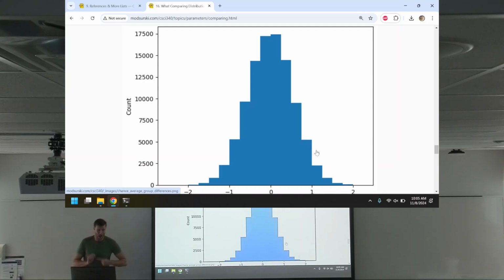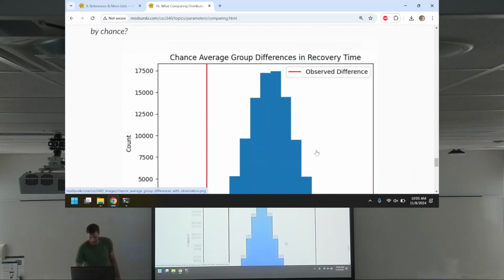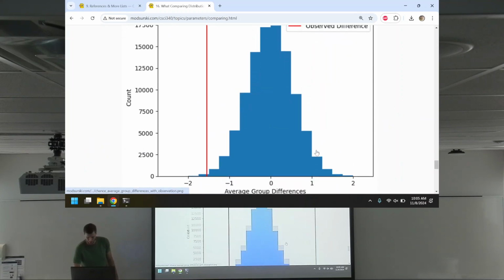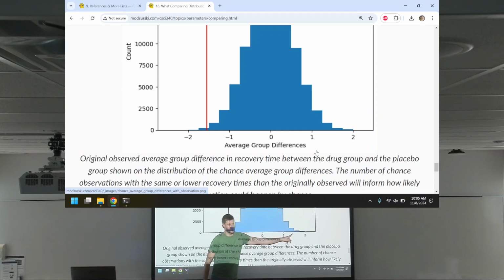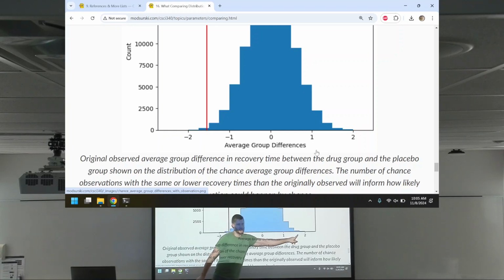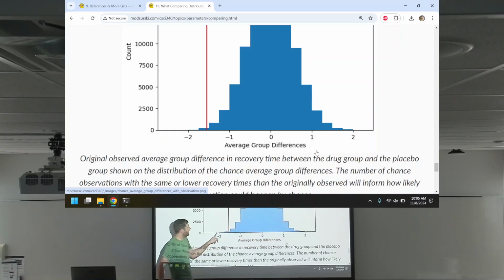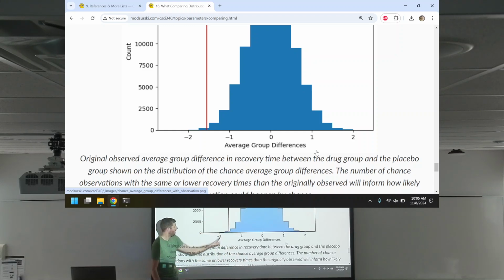But my original observation, the difference, was minus 1.6 days. So this is the dumb luck distribution. If it makes no difference, this is the distribution of the differences I expect to see. There are 1,000,000 data points here. But this is my actual observation in my group.